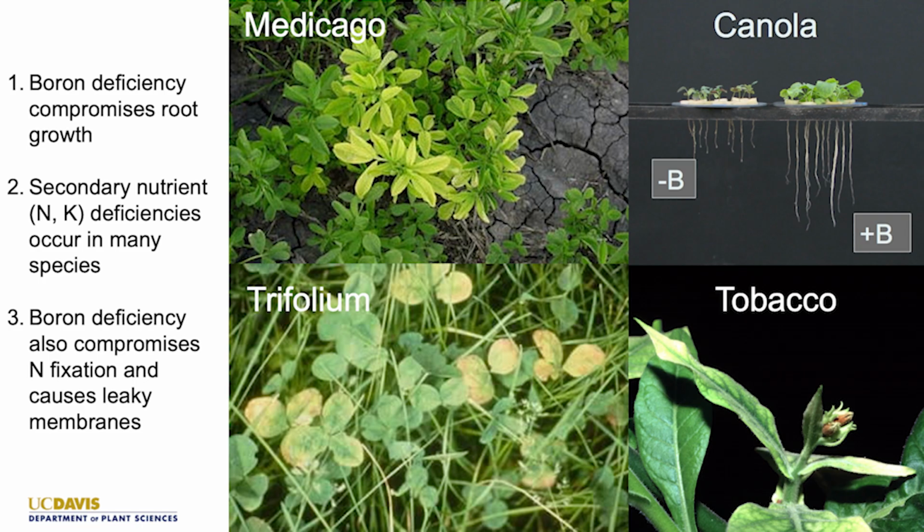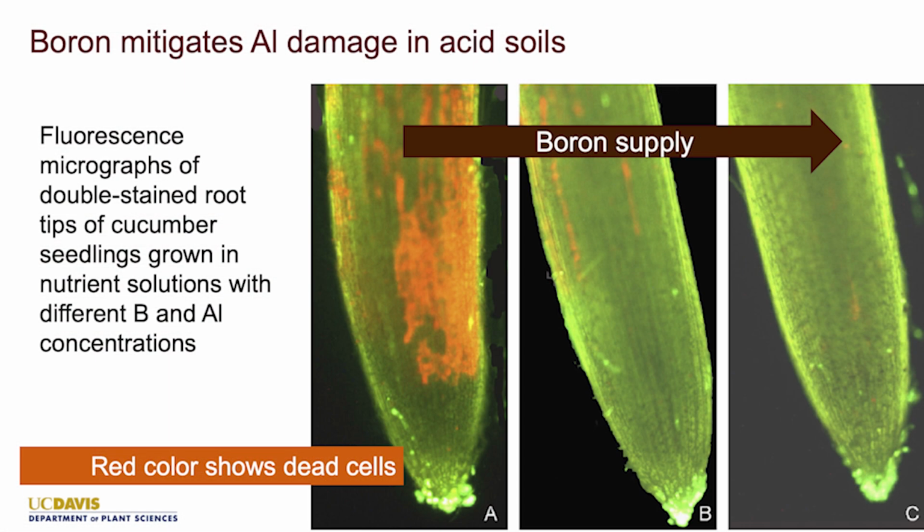What also happens as those roots become deficient is nitrogen fixation cannot properly occur, and the roots themselves become leaky, which can result in increased disease susceptibility. There's one other attribute of boron which is relevant for very low pH acidic soils, and that is that boron interacts with aluminum and can make plant roots more tolerant of aluminum toxicity.